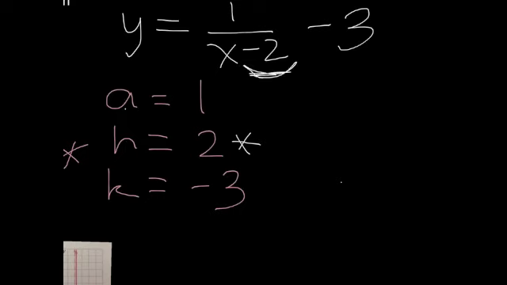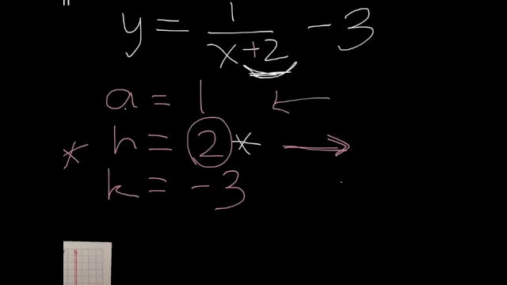But negative 2 actually means you're going left. Since the original equation says x minus h, that means this is a positive 2, you're going left. If it was a positive x plus 2, then you would be going that way.